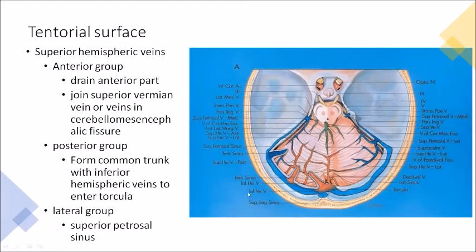In this schematic diagram, we can see the lateral superior hemispheric veins draining towards the superior petrosal sinus, and here we can observe the anterior superior hemispheric veins draining towards the superior vermian veins.